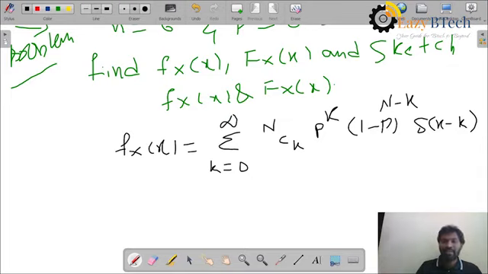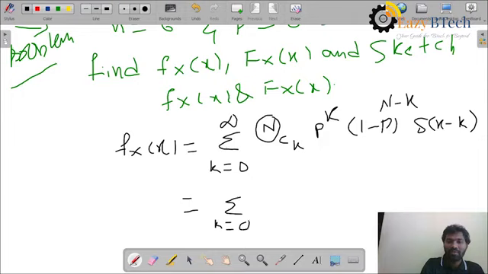As the value of n equals 6, we have a chance of k equal to 0 to 6 only. Why? Because we have 6C6, we don't have 6C7. Suppose n equals 6 here and you put k equals 7, there is no chance of 6C7.